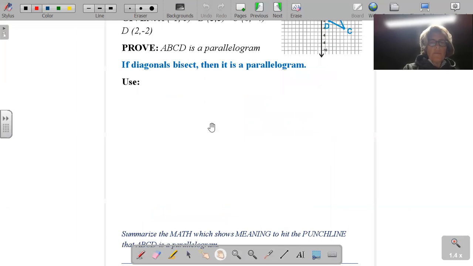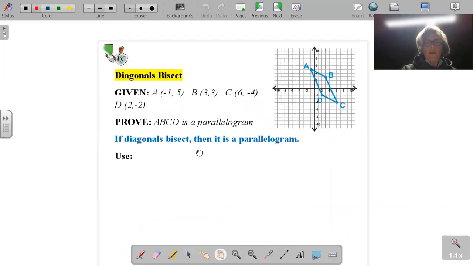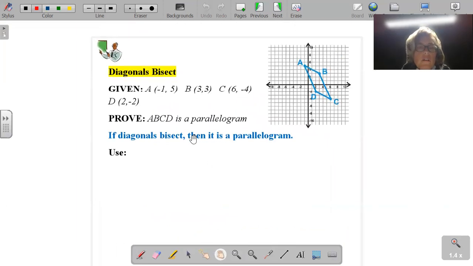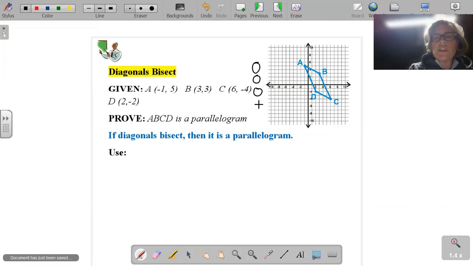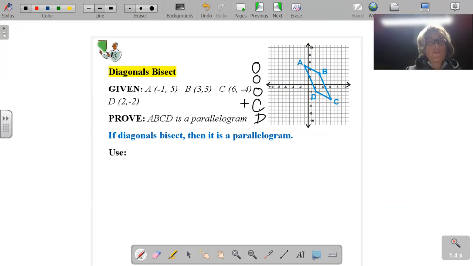Same thing here. This one, we're going to show, remember there's 5 qualities, OCD. And this one we're going to prove it's a parallelogram by showing the diagonals bisect, which would be the D. Same diagram.